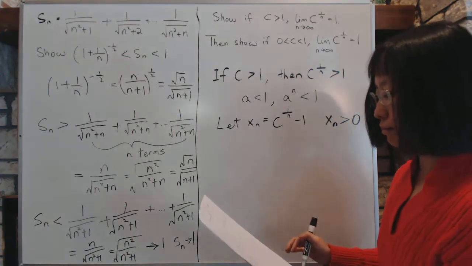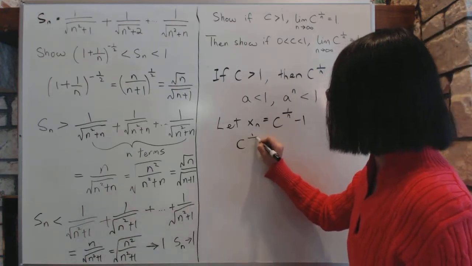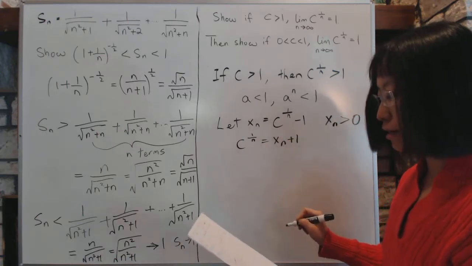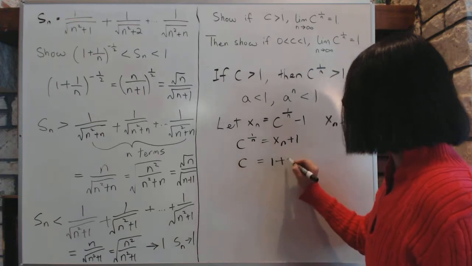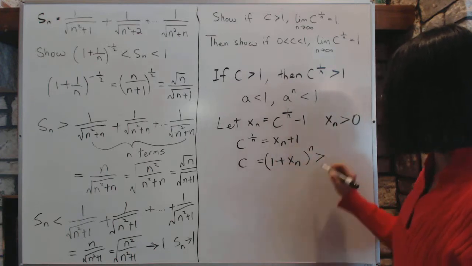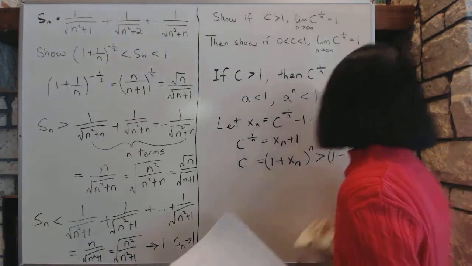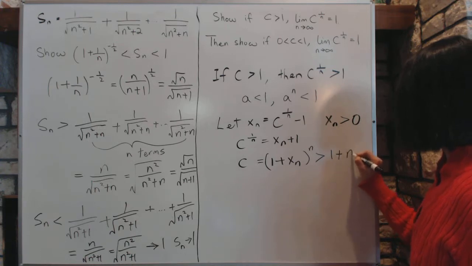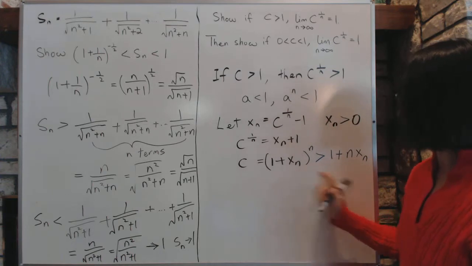Then, to rewrite this, we have c to the power 1 over n is equal to 1 plus xn, which means c is equal to (1 plus xn) to the power n. And this is bigger than 1 plus n times xn.